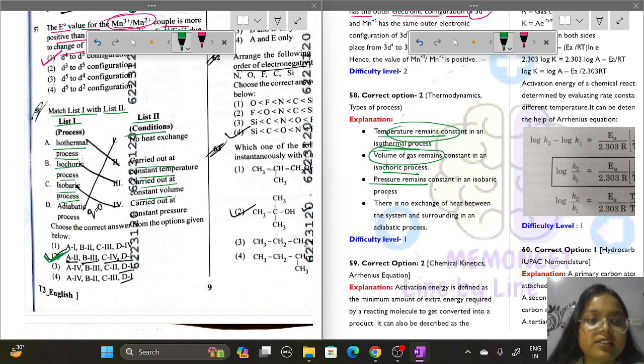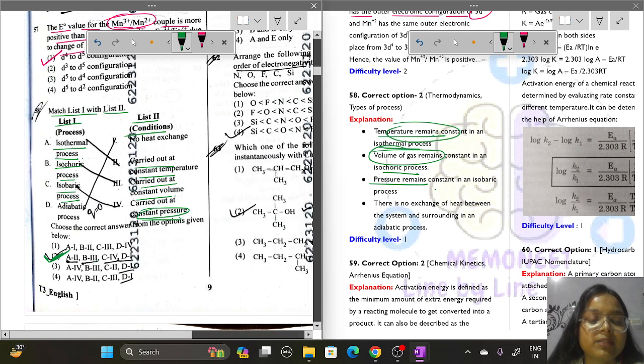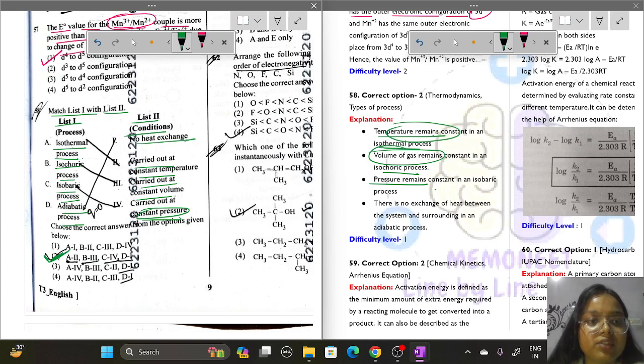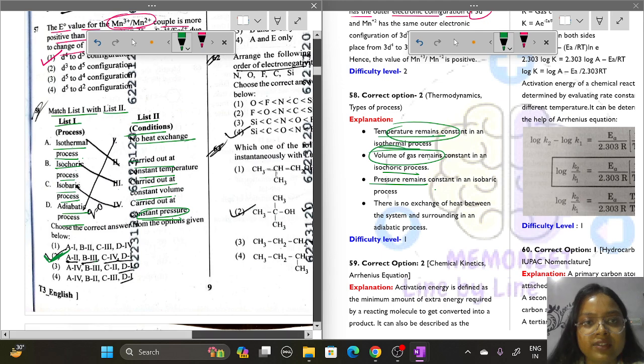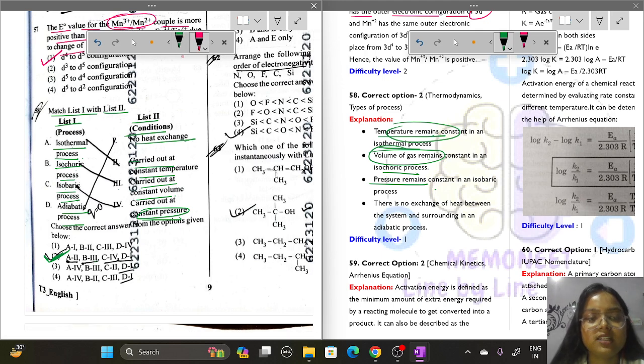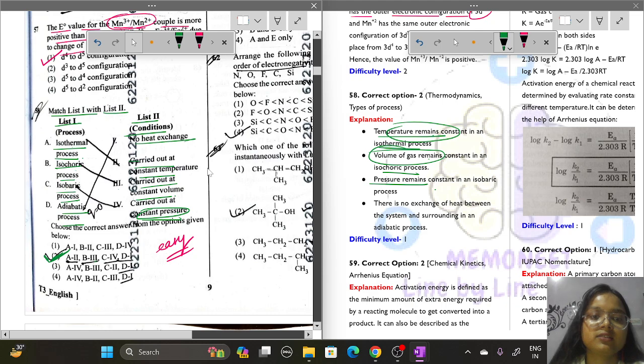Okay, isobaric will have the constant pressure. Next is adiabatic process. In adiabatic process, there is no heat exchange. Okay, so option number 2 is the correct option. Right? So it is a very easy question. It is directly from NCERT lines. It is a very easy question.